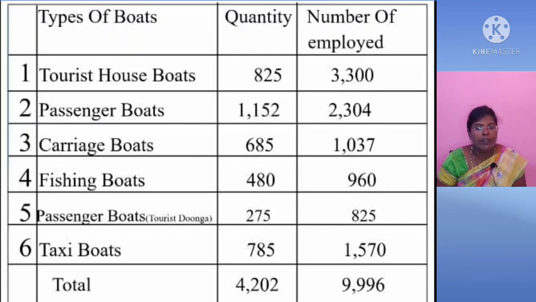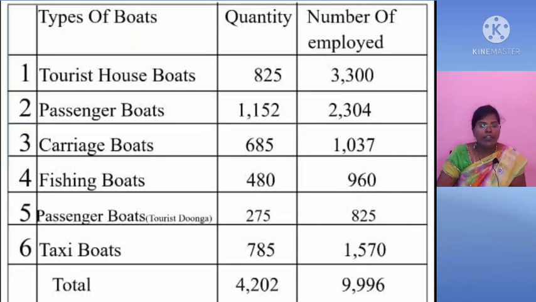Second, passenger boats: quantity 1152, employed 2304. Third, carriage boats: quantity 685, employed 1037. Fishing boats: quantity 480, employed 960. Passenger boats or tourist donga: quantity 275, the least, and employed 825. Sixth, taxi boats: quantity 785 and employed 1570.